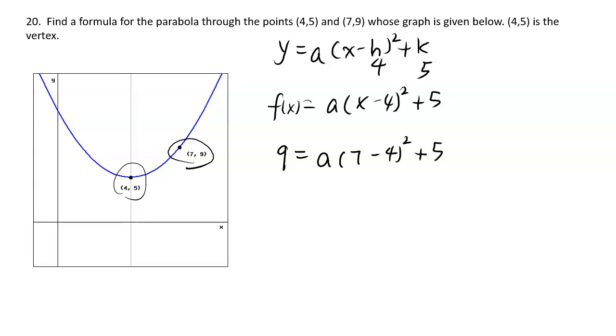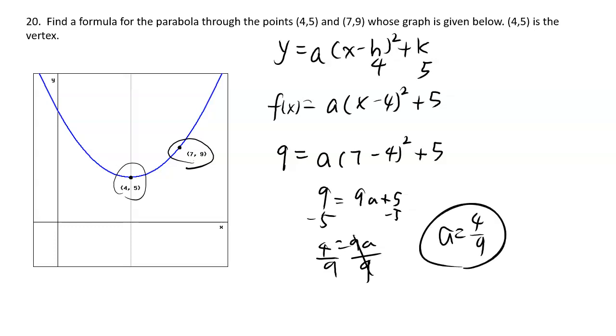So 7 minus 4 squared, that's 3 squared, which is 9. So you have 9a plus 5 equals 9. Subtract 5, so 4 equals 9a, and then divide by 9. You get a equals 4 over 9. Plug that back in, and the answer is f of x equals 4 over 9 times (x minus 4) squared plus 5.